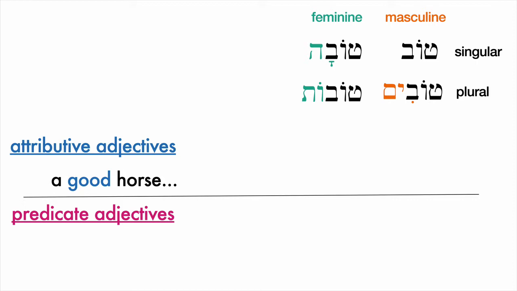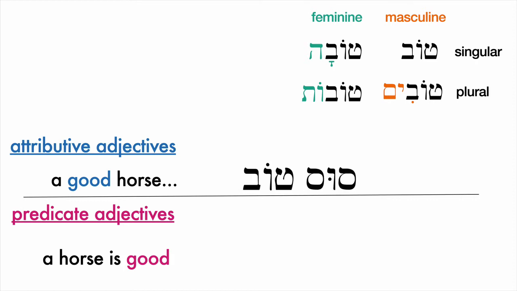A good horse versus a horse is good. In Hebrew, the way you designate an attributive adjective is that the adjective will come after its noun. Sus means horse, tov means good.